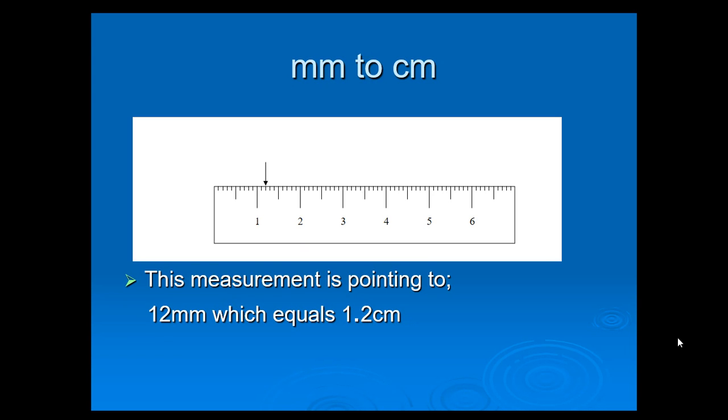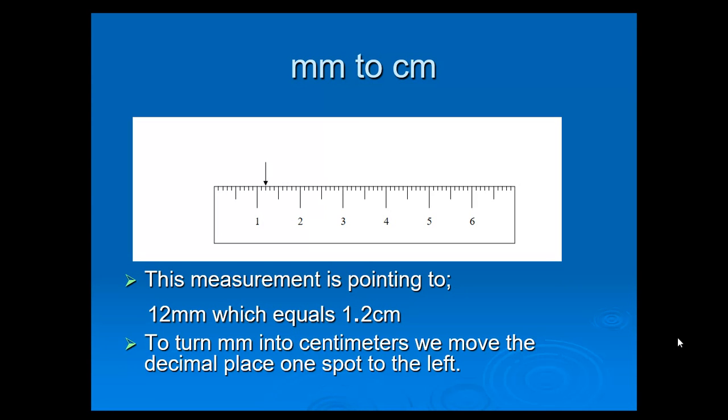So we move it 1 over to the left. So 12 millimeters is the same as 1.2 centimeters. Millimeters, once again, we're counting by ones. Centimeters, we're counting by tens, so we move the decimal to the 10 spot. We just turn millimeters into centimeters, move the decimal place 1 spot to the left.